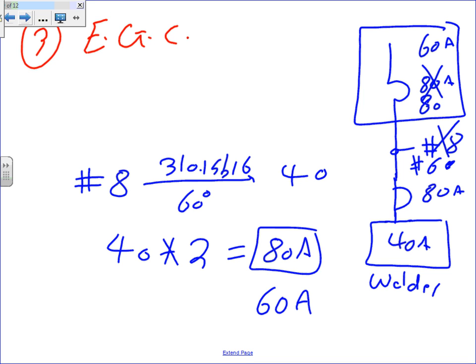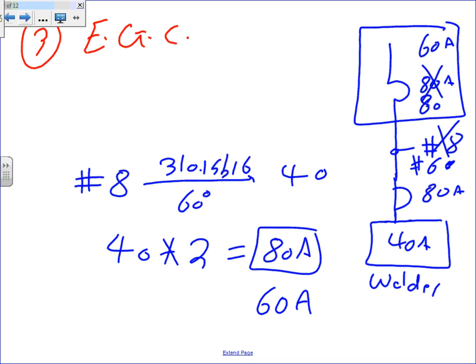So get into the habit always, guys, of sizing the conductor: you find the amps, and make sure the overcurrent protection device amps is not more than twice the amps of the conductor. If it is, then get a higher conductor.